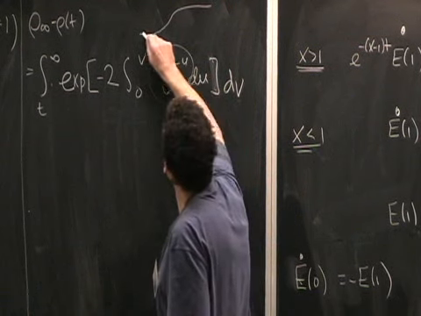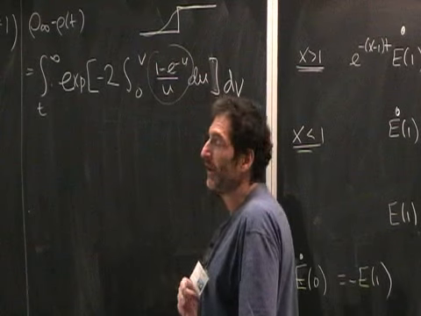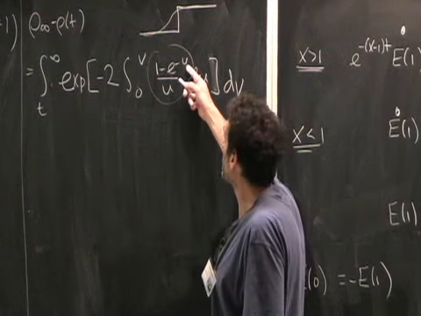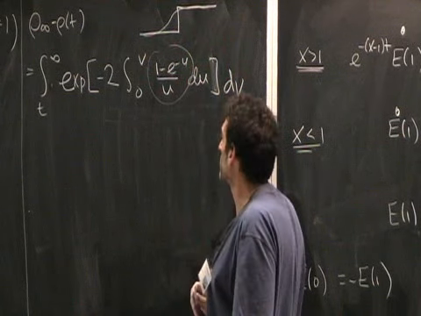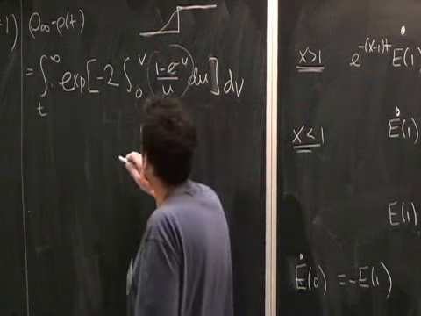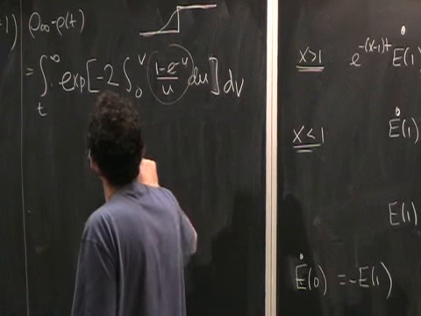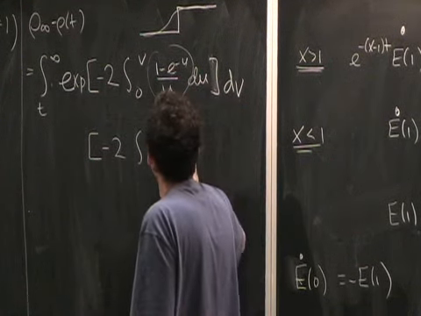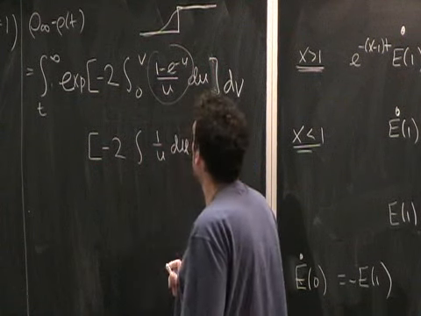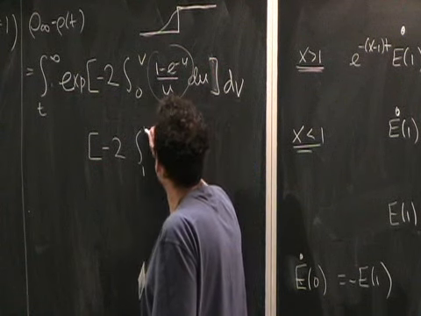Now let me do something really sleazy. It happens when u is equal to 1 that this will cross over. So I'm going to replace a smooth crossover by a sudden crossover. If I do that sudden crossover approximation, then what's inside the exponential is the integral. I forget about this business, and I just have 1 over u du, integrating from 1 to v.